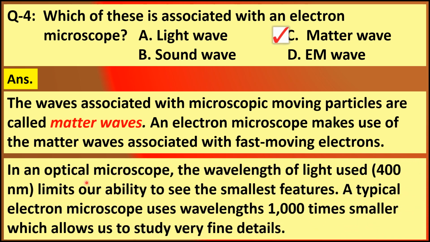In an optical microscope, the wavelength of light used, which is about 400 nanometers, limits our ability to see the smallest features of the specimen. A typical electron microscope, however, uses wavelengths 1,000 times smaller, which would allow us to study very fine details.